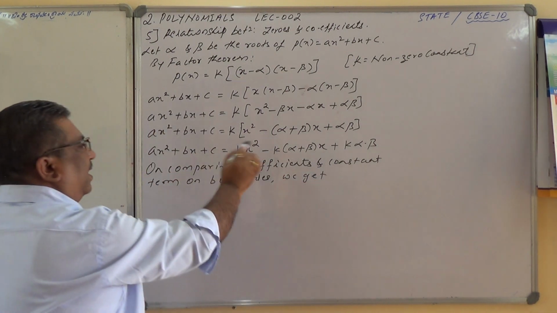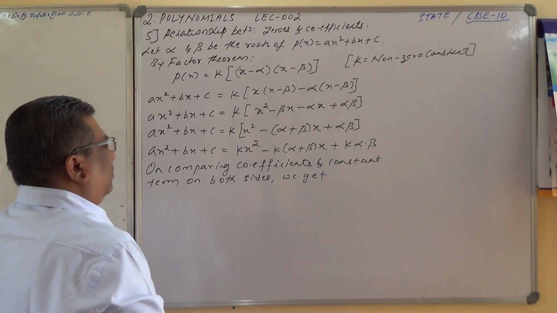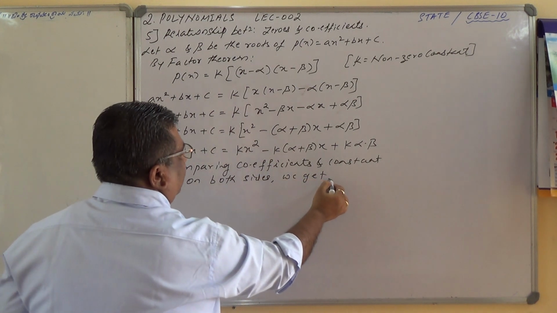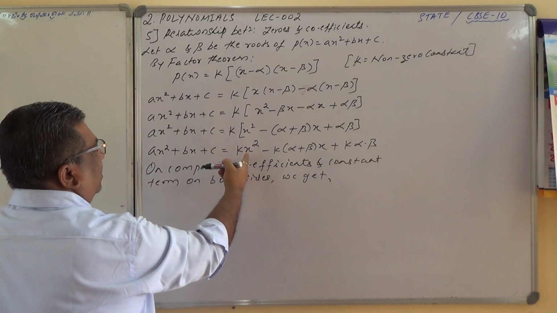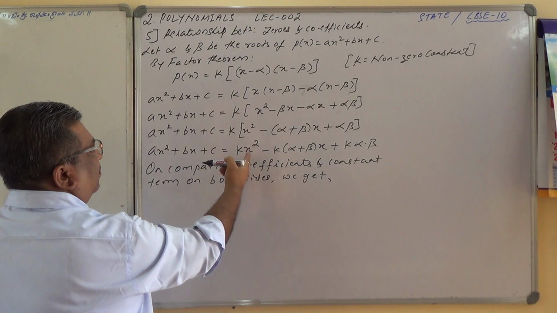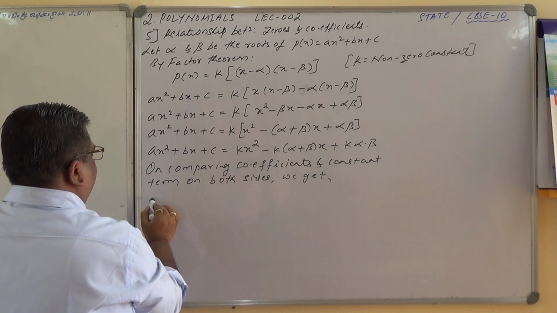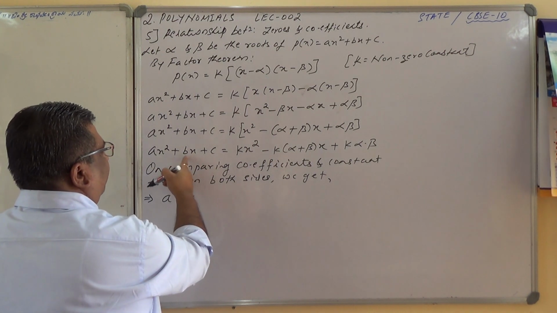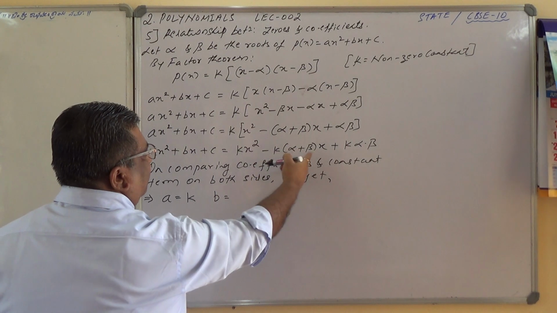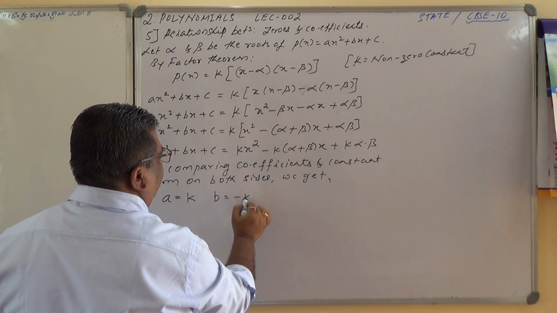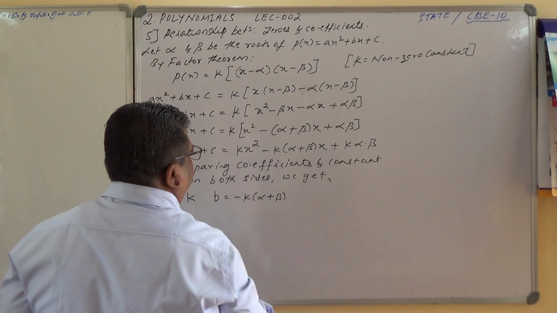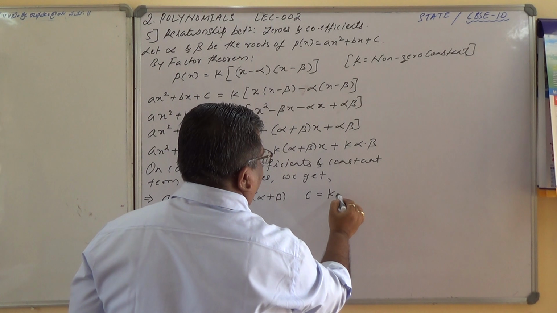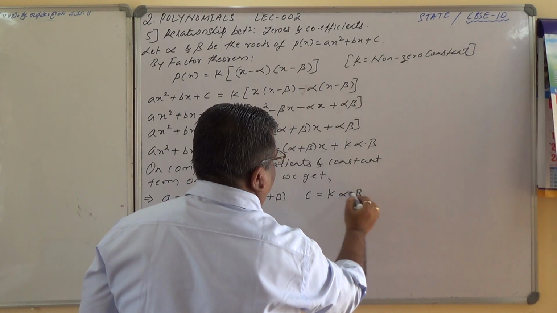We are comparing the coefficients and the constant term on both the sides. On comparing, we get: coefficient of x square is a on the left and k on the right, which implies a equals k. Coefficient of x is b, and here it is minus k times alpha plus beta. Constant term is c, and here the constant term is k into alpha into beta.